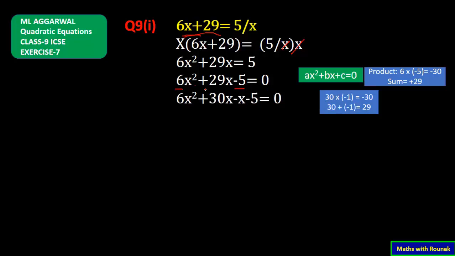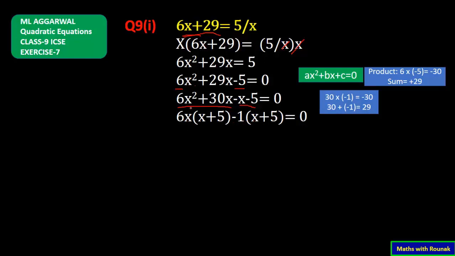So we have our two middle terms, 30 and 1. Now let's split 29x. After splitting, we get the equation 6x square plus 30x minus x minus 5 is equal to 0. We can take 6x as common from 6x square and 30x, and negative 1 common from minus x and minus 5. After simplifying, we get 6x in bracket x plus 5 minus 1 in bracket x plus 5 is equal to 0.